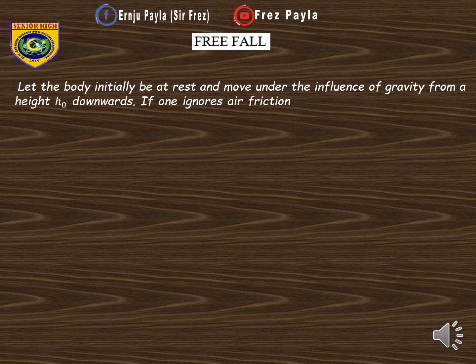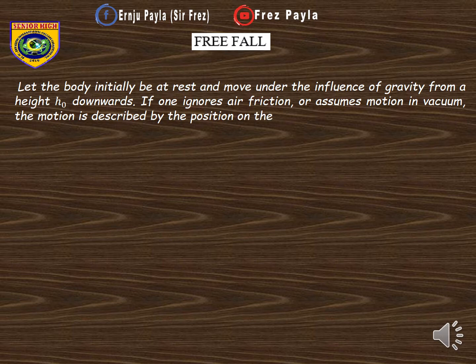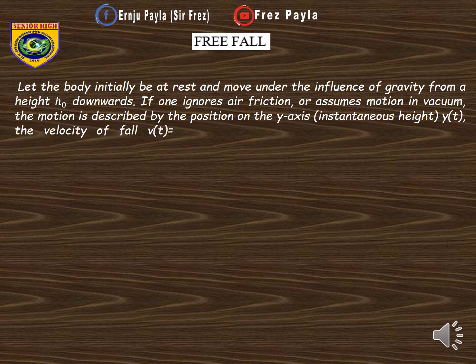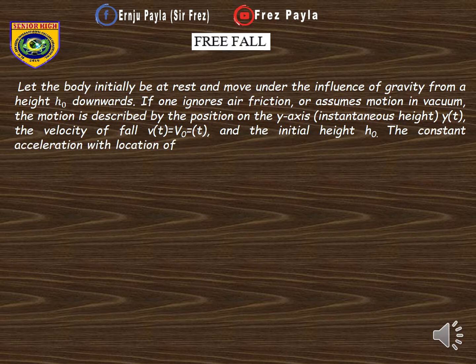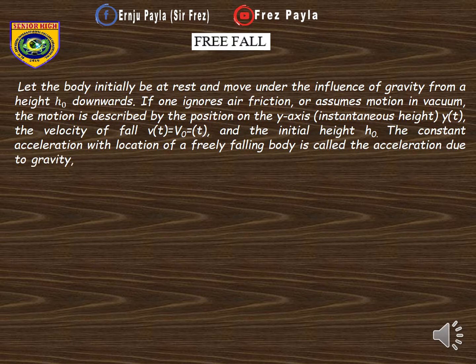If one ignores air friction or assumes motion in a vacuum, the motion is described by the position on the y-axis, the instantaneous height y of t, and the velocity of fall v of t equals v sub 0 minus g t, with the initial height h sub o. The constant acceleration of a freely falling body is called the acceleration due to gravity.